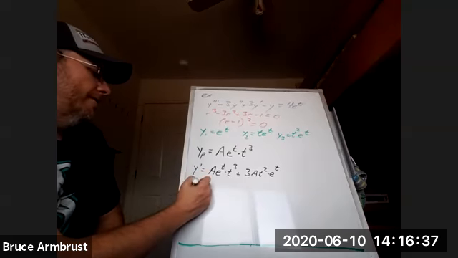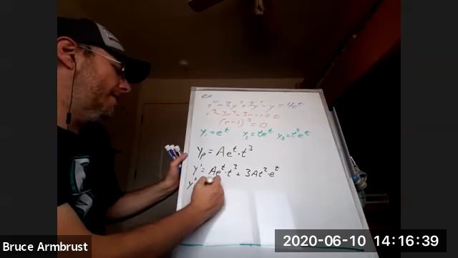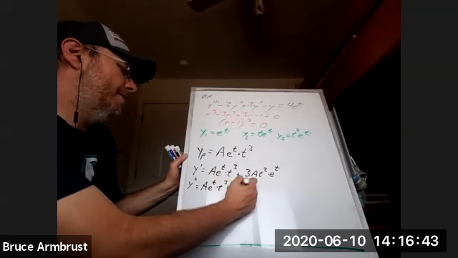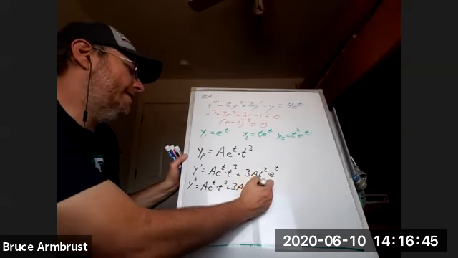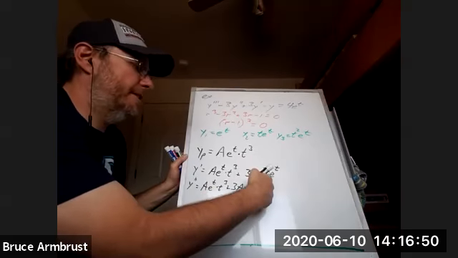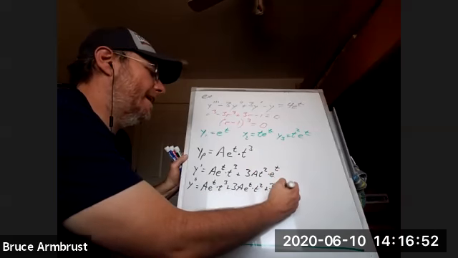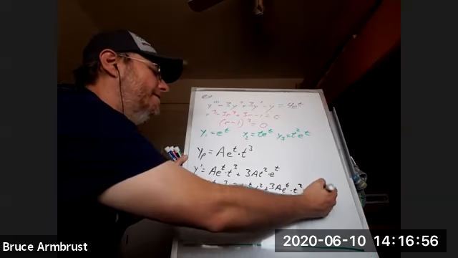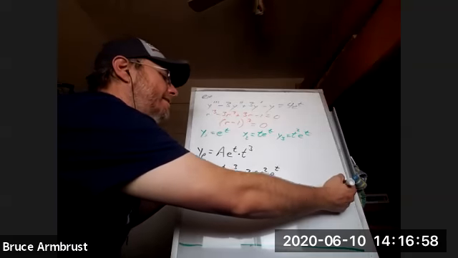So we'll go to the second derivative. Okay, well, we're going to get A e to the t times t cubed plus 3A e to the t times t squared plus, differentiating this, we get 3A e to the t times t squared plus 6A t e to the t.